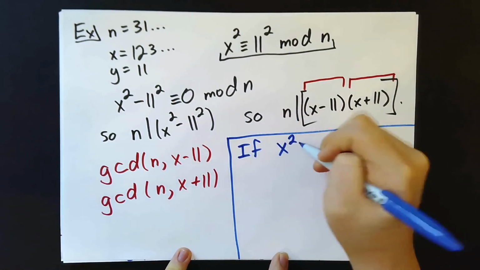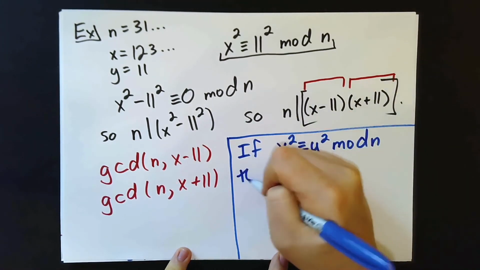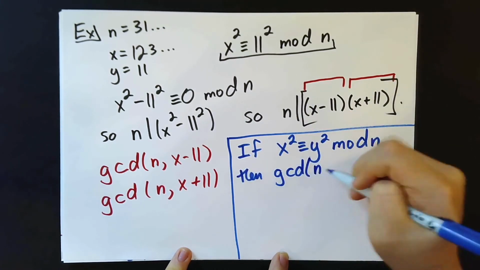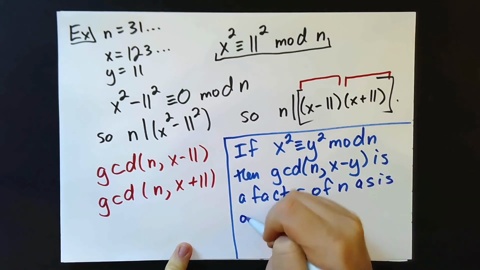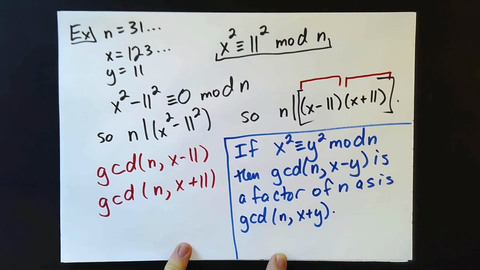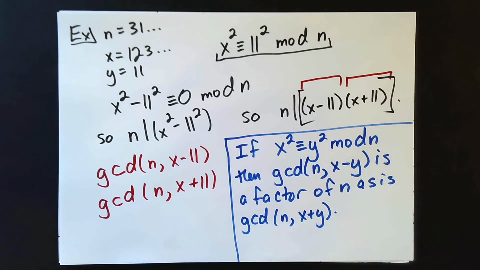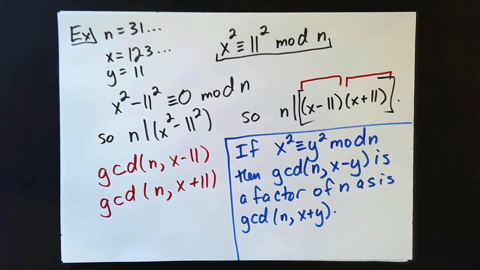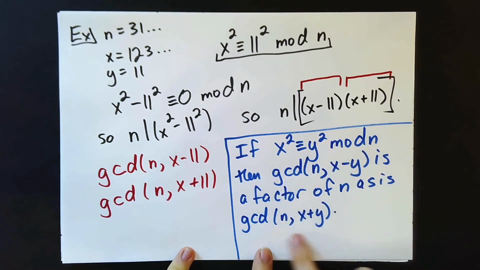If I happen to find two numbers that square to the same thing mod n, then the GCD of n and the difference of those two numbers is a factor of n, and the GCD of n and the sum of those two numbers is a factor of n. Now, what's possible, the bad case, the nightmare scenario, if you will, is that actually one of these factors is 1 and one of them is n.